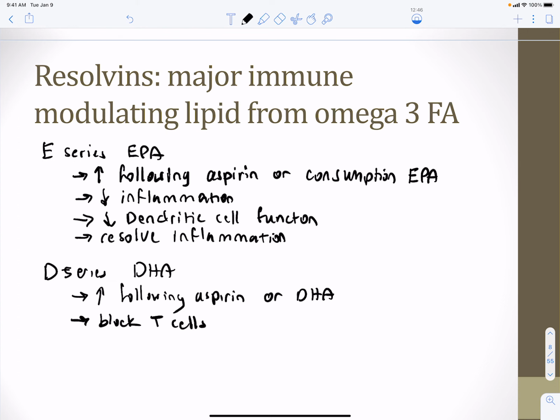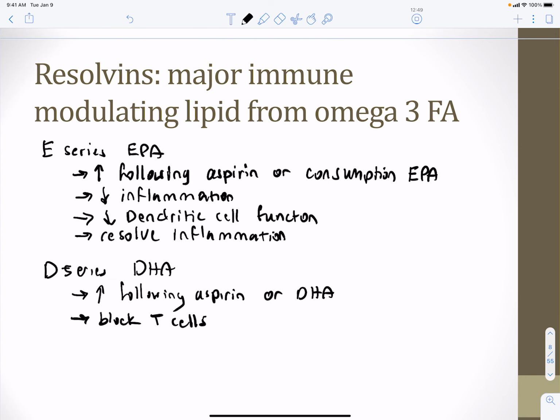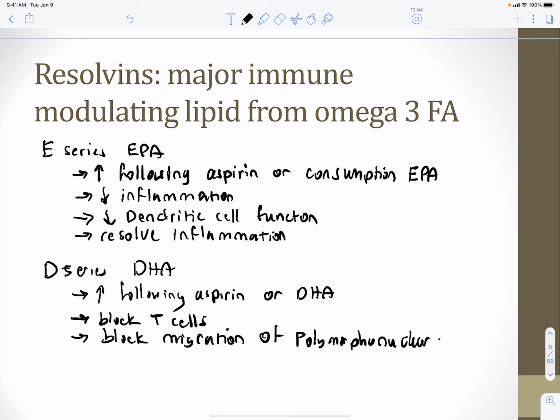They're also going to block migration of your polymorphonuclear cells. And your polys are cells like your neutrophils, your basophils, your eosinophils. So those are the PMNs. They're going to promote T cell apoptosis.